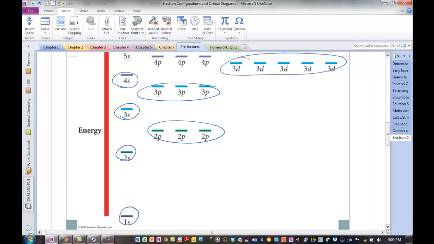As I mentioned already, as we get further and further from the nucleus, the energy of the orbitals get closer and closer together. The difference is the 4s orbital, it's right over here, on average, an electron in a 4s orbital is further from the nucleus.